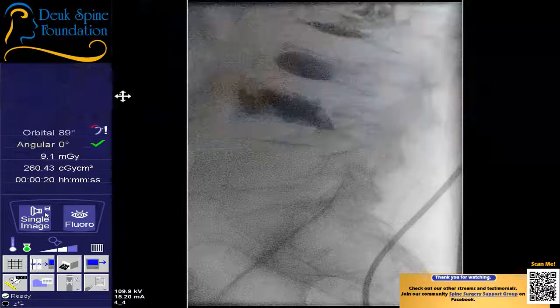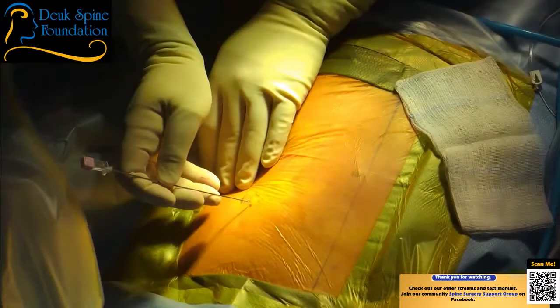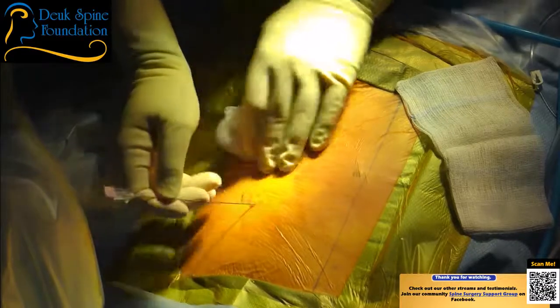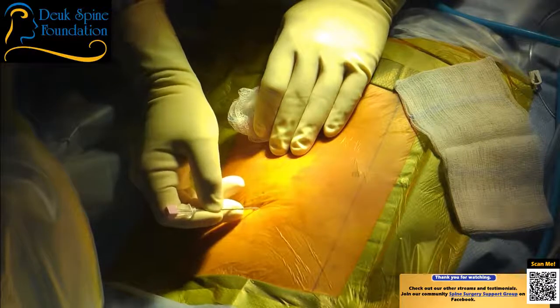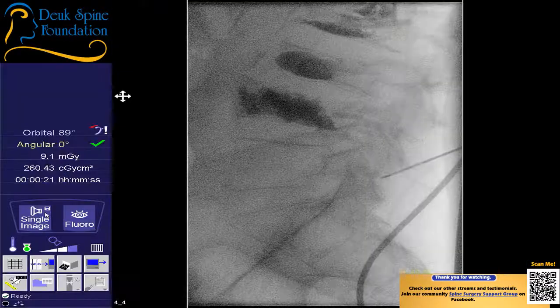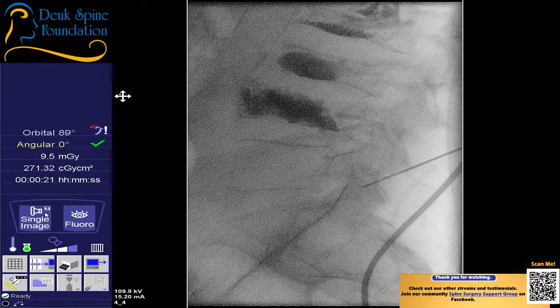Let's keep it there. Shot. Shot. It's perfect trajectory, except that facet is just blocking me. Shot.